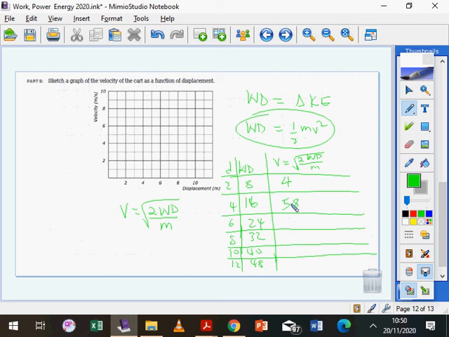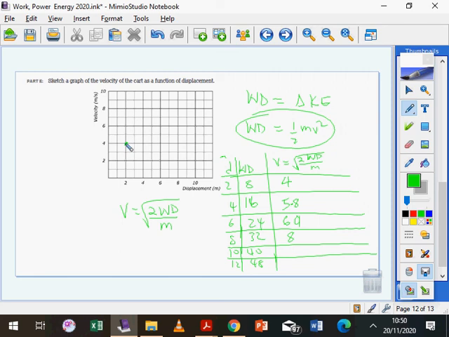So using these points, I can plot a graph of velocity versus displacement. When the displacement is 2, the velocity is 4. When the displacement is 4, the velocity is 5.8. When the displacement is 6, the velocity is 6.9.